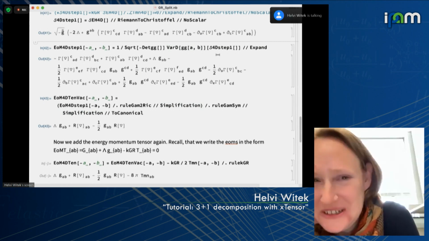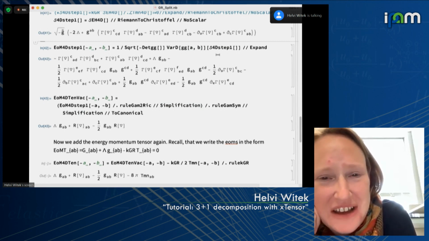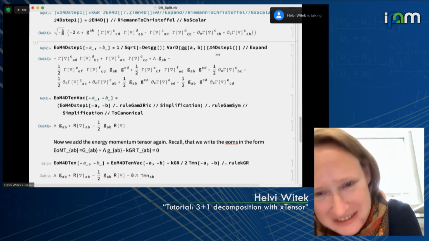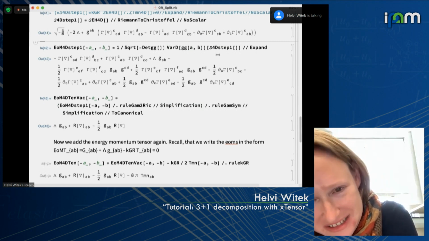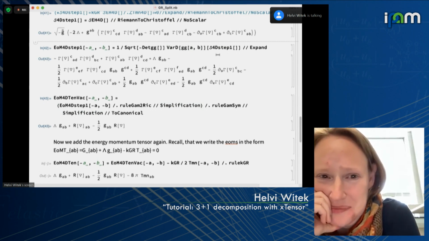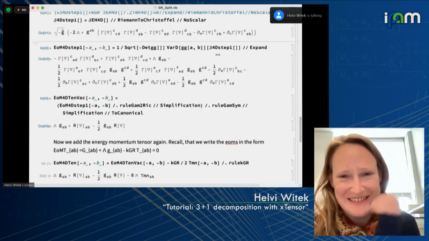No. I mean, I didn't go that crazy, but you have to work a bit harder to actually get this. It's enough if you go to things like Riemann squared, and you have to work a bit harder to get all the integration by parts that you need. Thanks. Yeah, sorry to disappoint, but yeah.